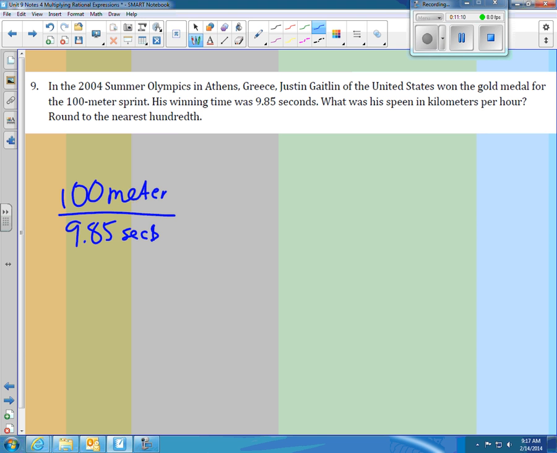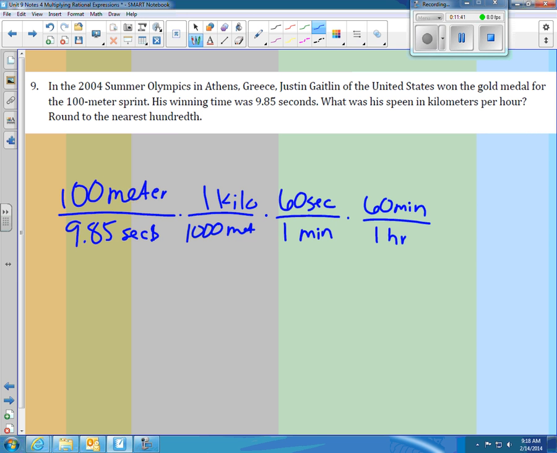All right, we want his answer in kilometers per hour. So let's first make meters into kilometers. Well, 1 kilometer, we talked about at the beginning of the video, is 1,000 meters. Okay, and then we want to change seconds into hours. So there are 60 seconds in 1 minute, and there are 60 minutes in 1 hour. So let's simplify here.